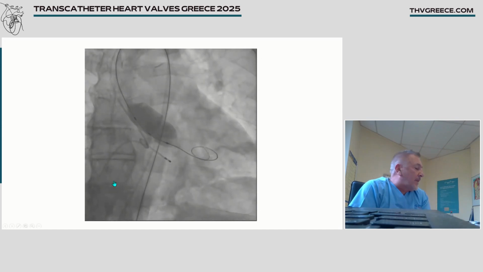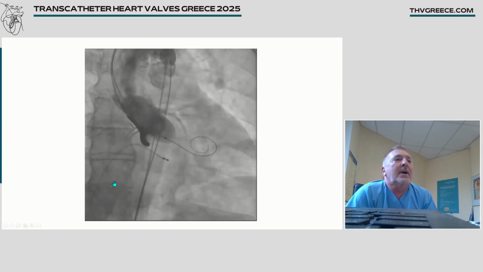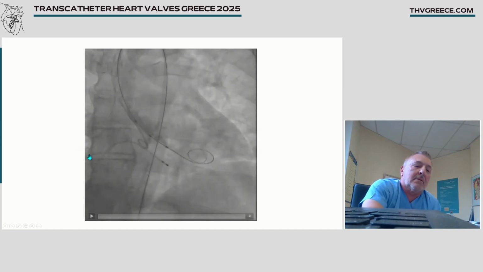We started with pre-dilatation of the valve with a 25 balloon, with the contrast injection.